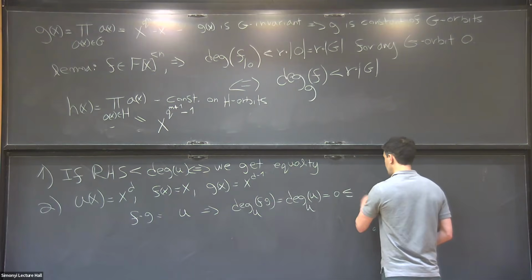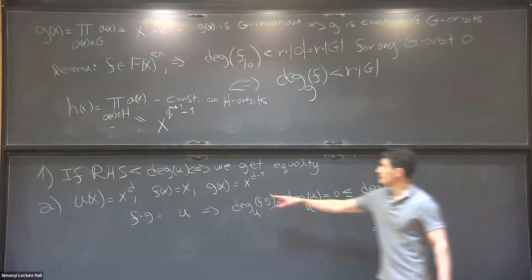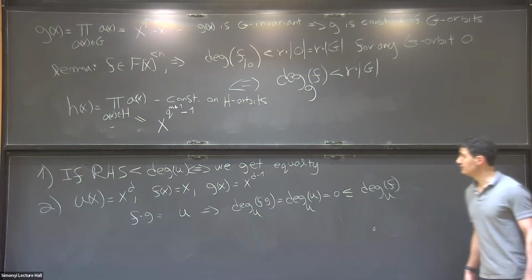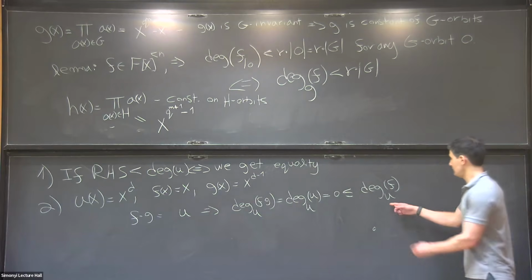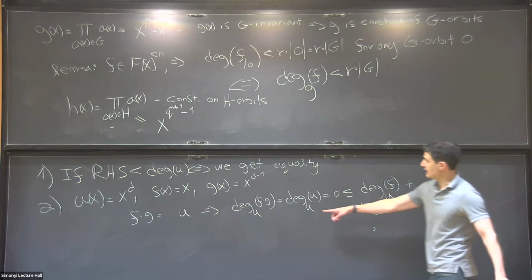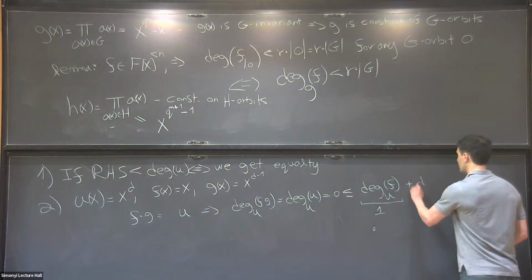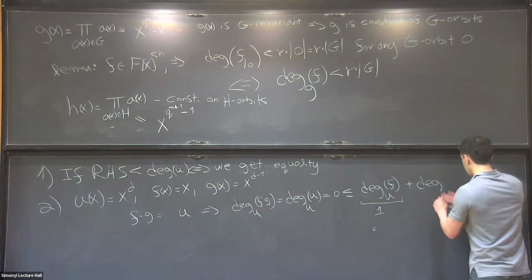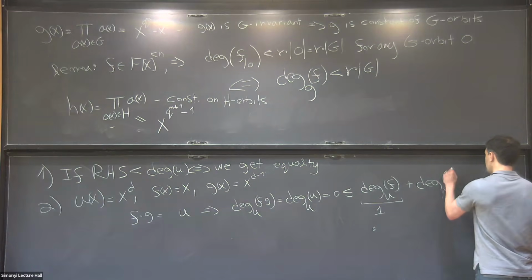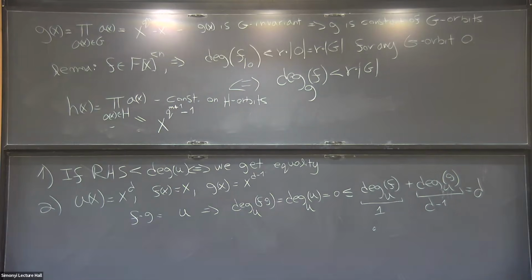But this is less or equal than the u-base degree of f, which is simply x. Since x has degree less than d, this is basically 1. And the u-base degree of g, since again the degree of this is strictly less than the degree of u, is d minus 1.